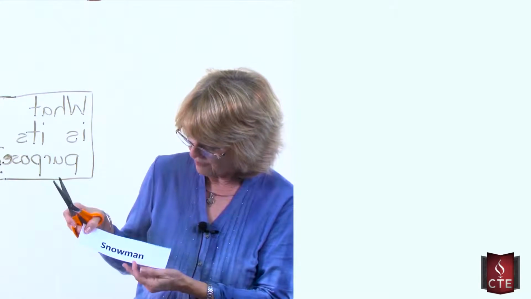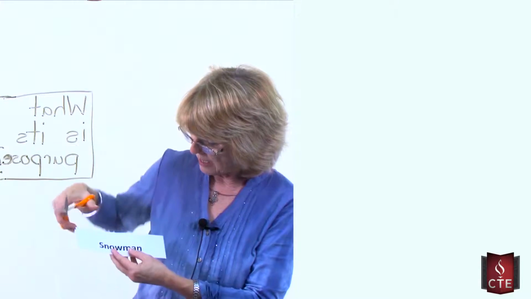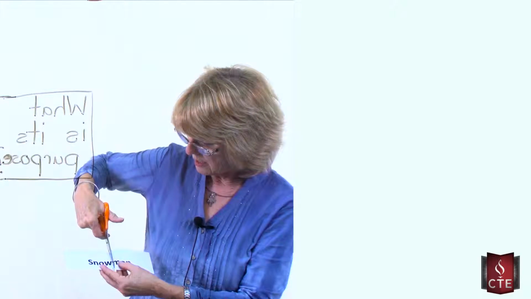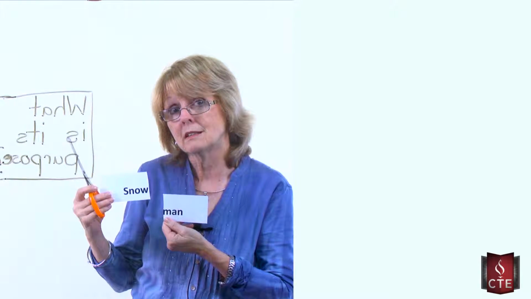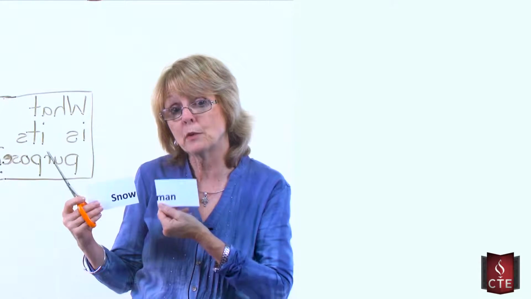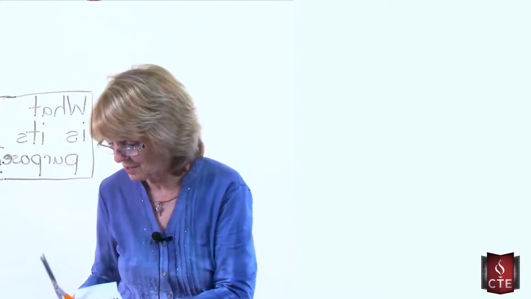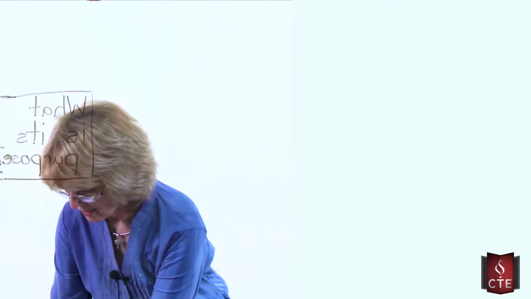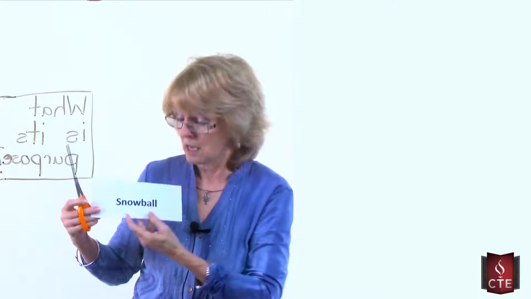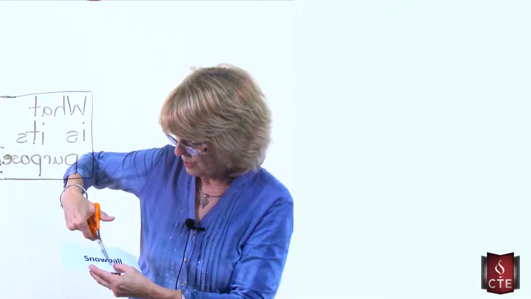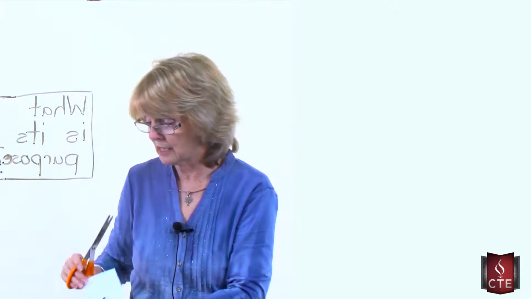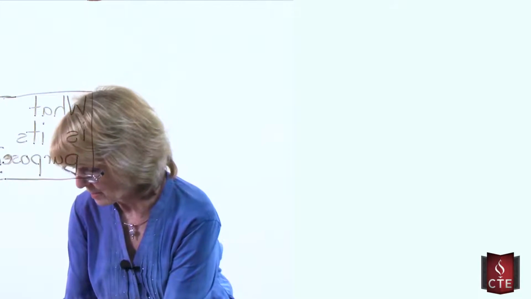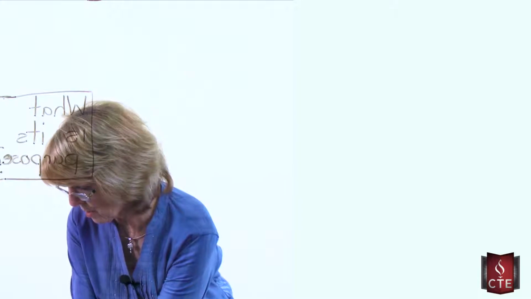We also have several having to do with the word snow. This particular one is made up of the two words snow and man. So hopefully they would understand it would be a man that's made out of snow. Similar one, snowball, is a word that's made by putting together the two smaller words, snow and ball.